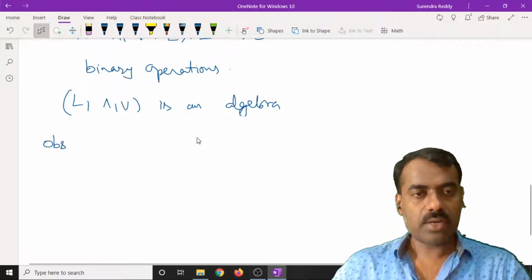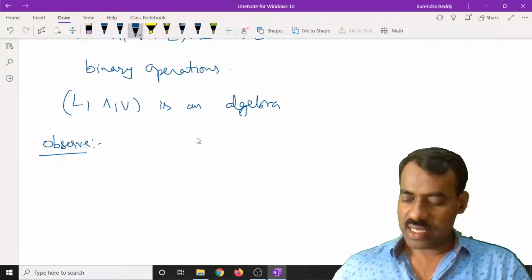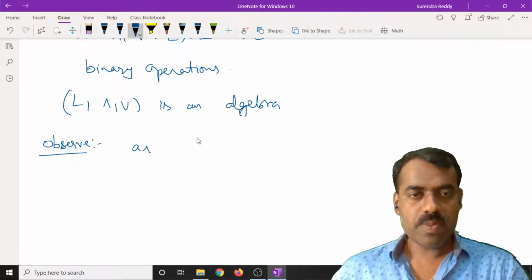So try to observe. It is commutative. That means A meet B is B meet A. Why? This is clear.